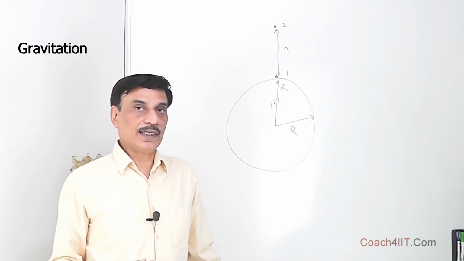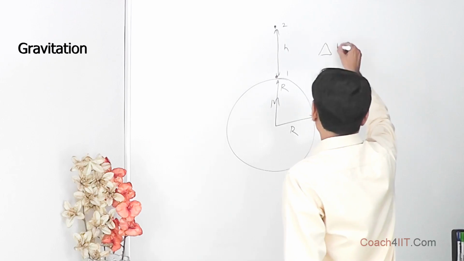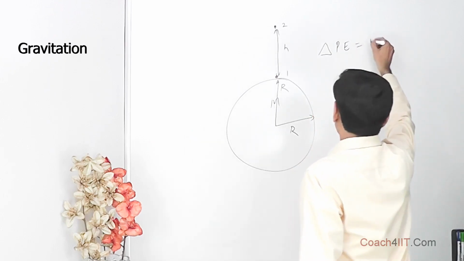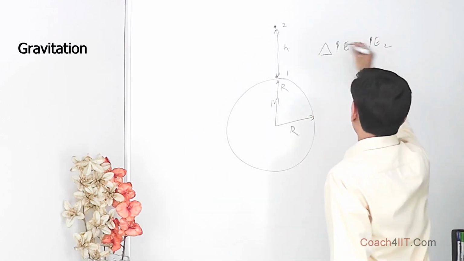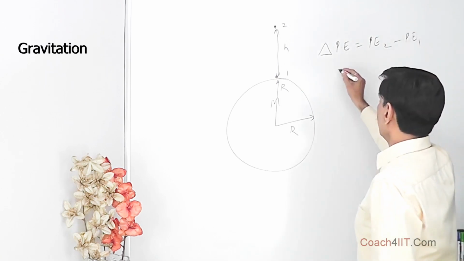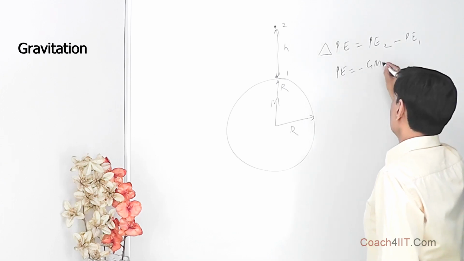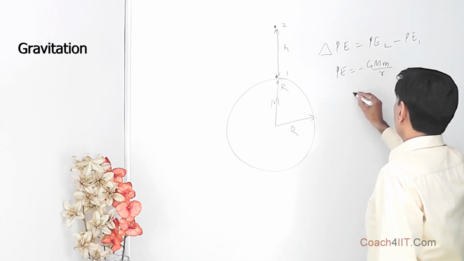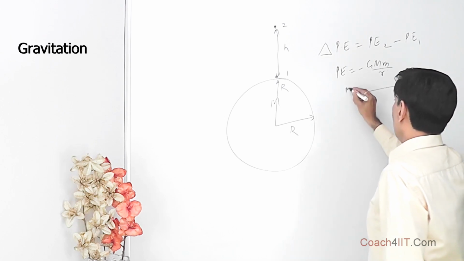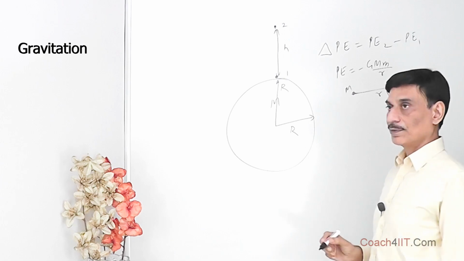So if we are to find the change in potential energy, that is delta potential energy, it is potential energy at position number 2 minus potential energy at position number 1. We also know that potential energy is minus GMm upon r between two bodies of mass M and m whose centers are separated by distance r.